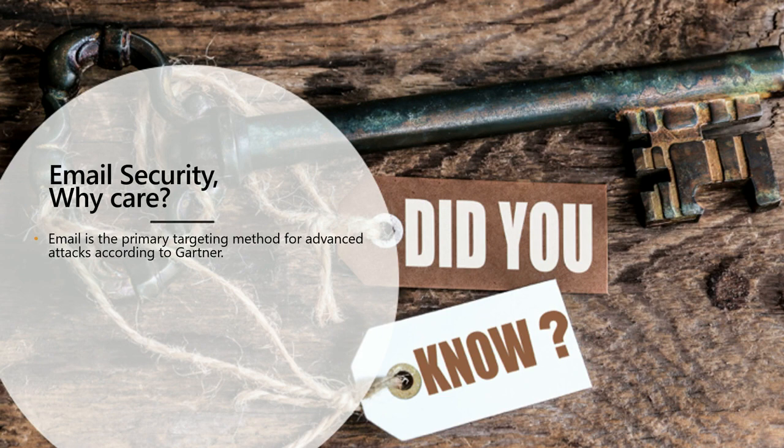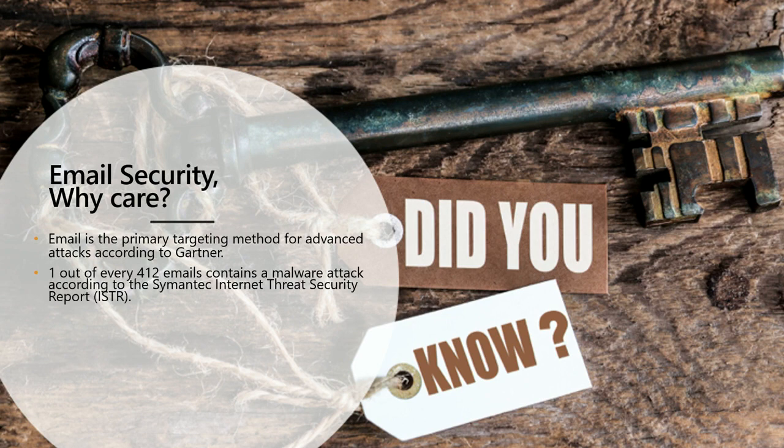All right, so let's talk about why we care about this. What's changed over the last several years, even more than ever? According to Gartner, email is the primary targeting method for advanced attacks. So we don't want to take that lightly. 1 out of every 412 emails contains a malware attack, according to a study that Symantec did.